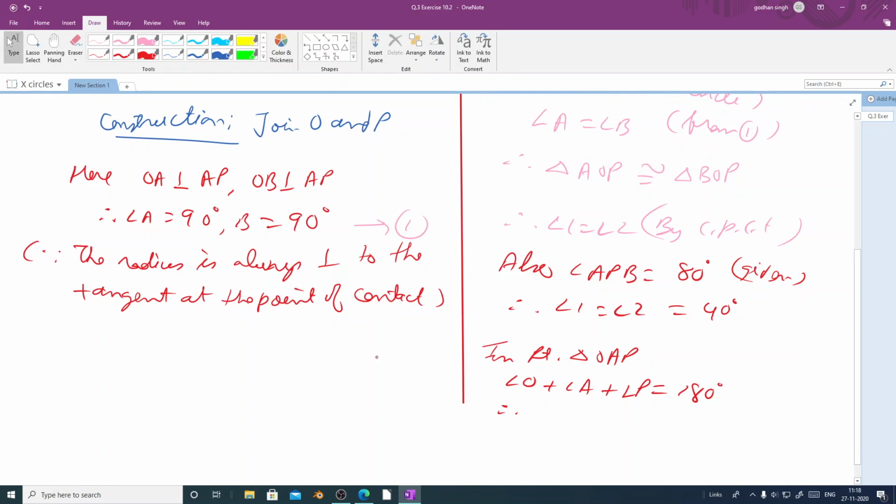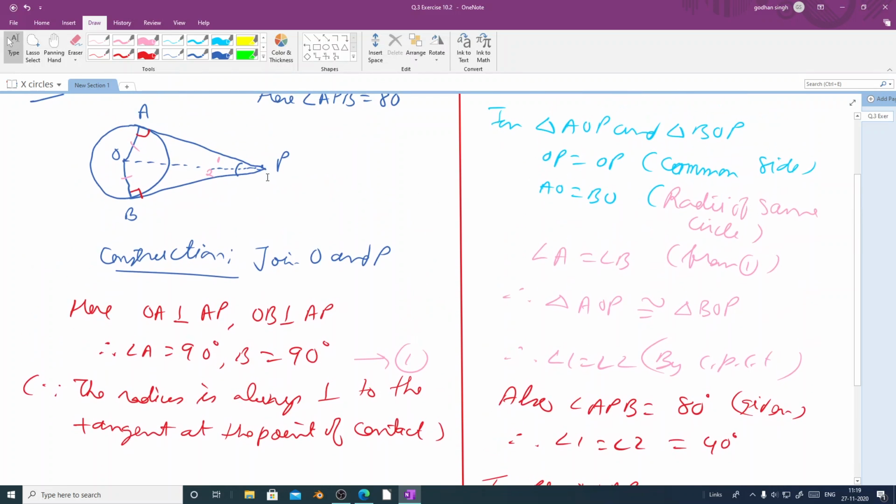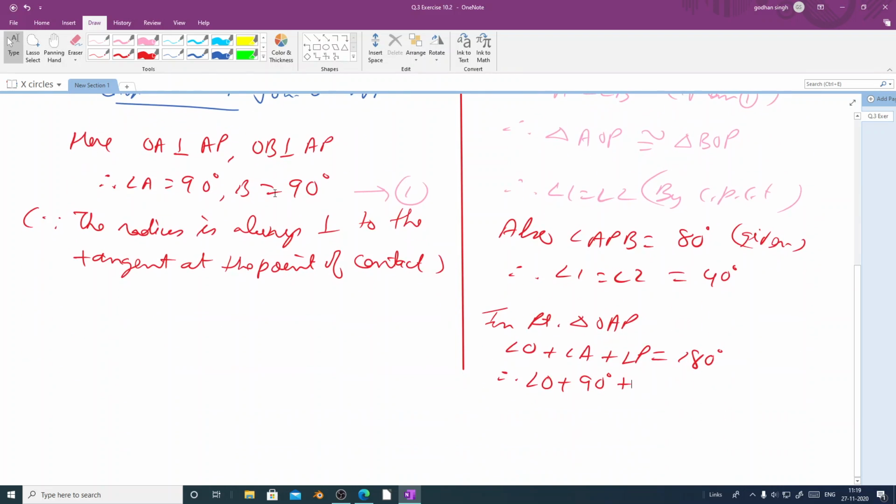So angle O we keep as it is, plus angle A, which is 90 degrees from here, plus angle P, which is nothing but angle 1, that is 40 degrees, equals 180 degrees. Therefore, angle O plus 130 degrees is equal to 180 degrees. Therefore, angle O is equal to 50 degrees.